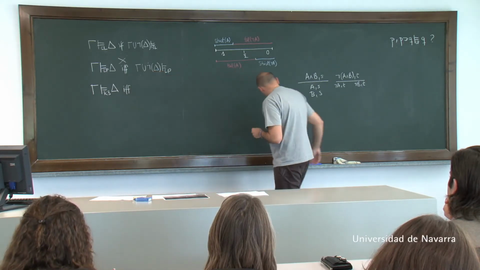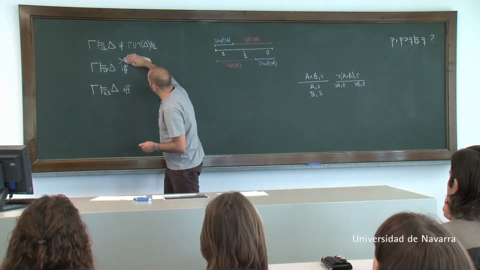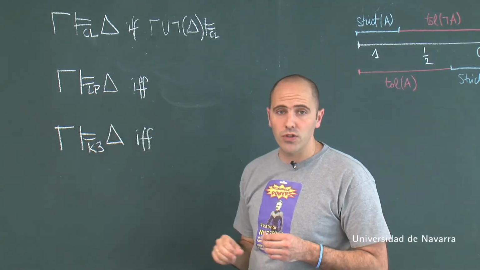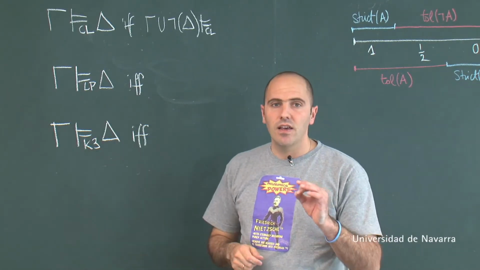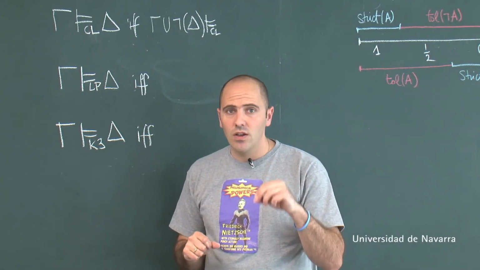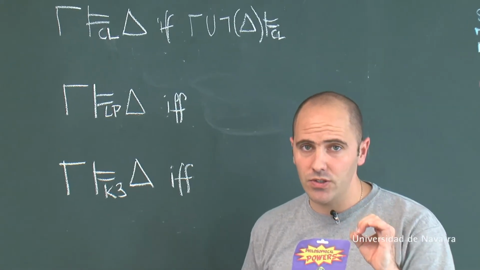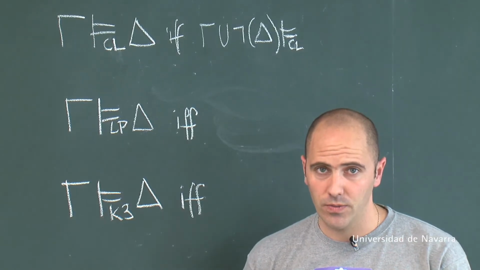Why is this so? Well, because if you reflect on the definition of logical consequence for LP, for example, the definition says there is no interpretation where all the gammas are tolerantly true and none of the deltas is tolerantly true, right?